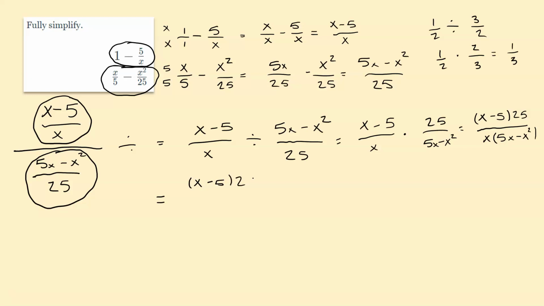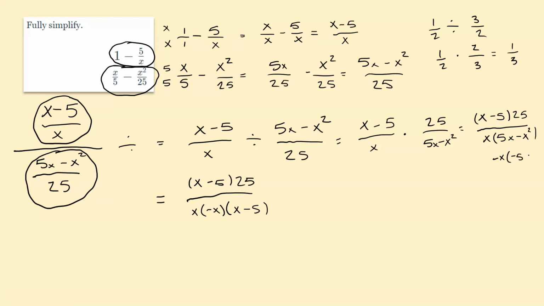So we want to go ahead and factor what we have here. The one piece that's not factored already is this 5x minus x squared. And what I'm going to do with that is we have a GCF of x, and so I'm going to factor out the x, and I'm also going to factor out a negative so that this becomes x minus 5. So both of these would change signs if I factor out a negative x.